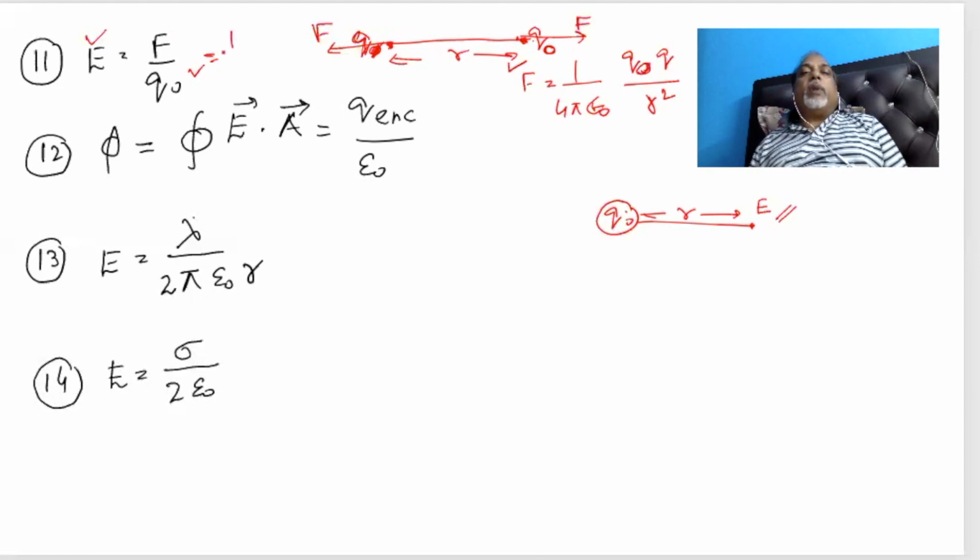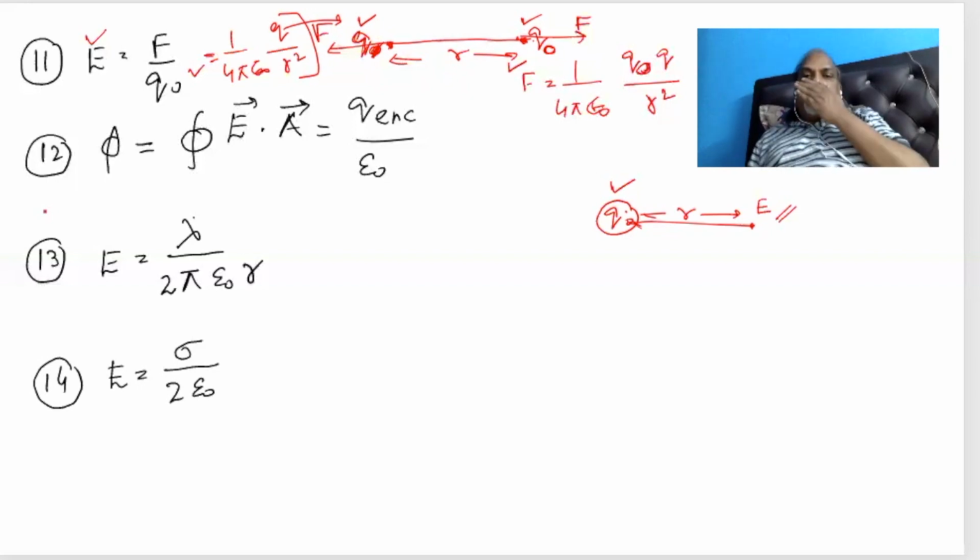So this formula will be nothing but 1 by 4 pi epsilon 0 Q upon R square. Due to Q, we have the electric field here.